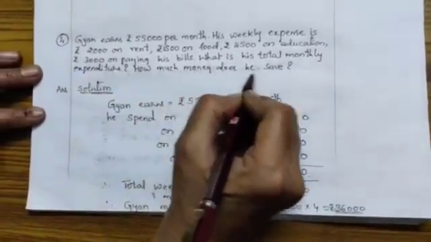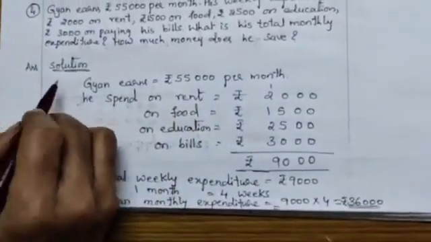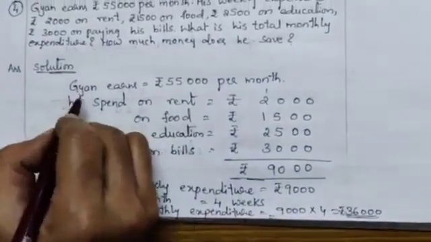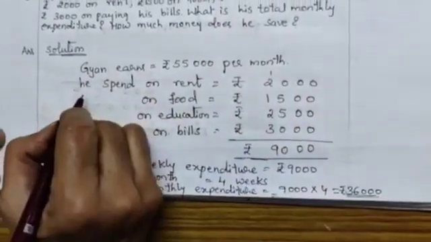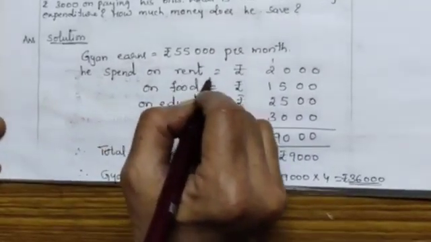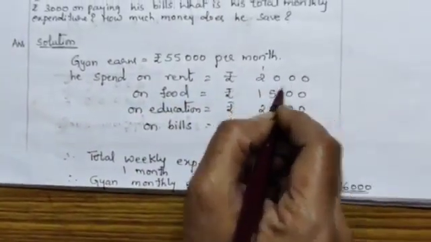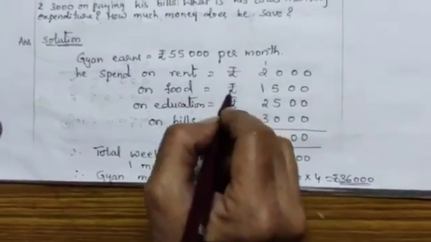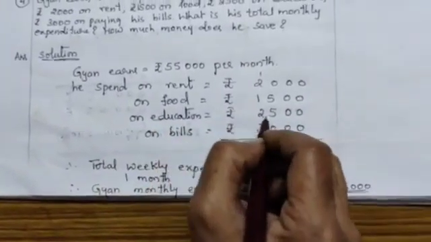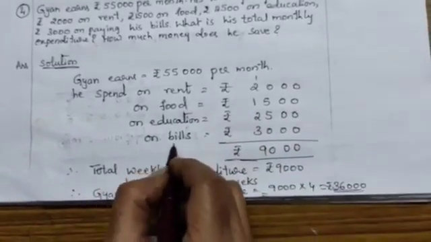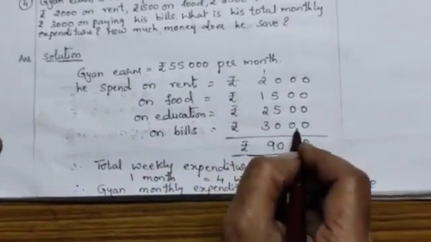How much money does he save? Solution. First, Gyan earns rupees 55,000 per month. On rent he spends rupees 2,000, on food rupees 1,500, on education rupees 2,500, on bills rupees 3,000.